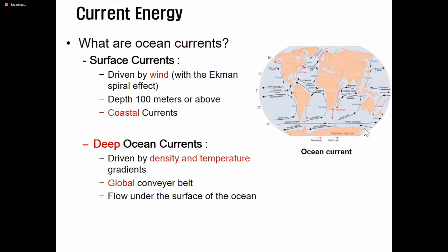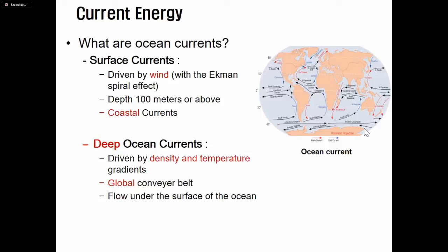And then current energy, there is ocean current. There are two types: surface current and deep ocean current. Surface current is coming from wind. Together with the Ekman spiral effect, which I told you about at the beginning of this class, there is a drifting, so the wind is blowing this way, but the current is moving this way, spreading out towards the depths of the water.